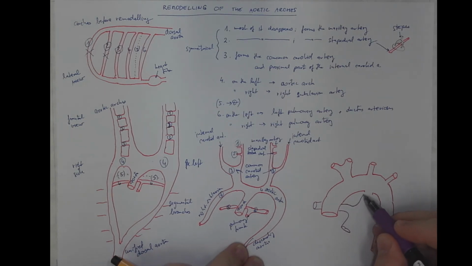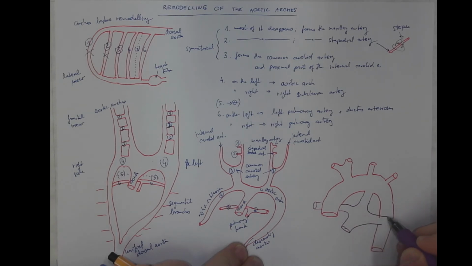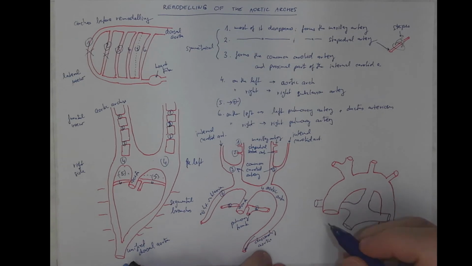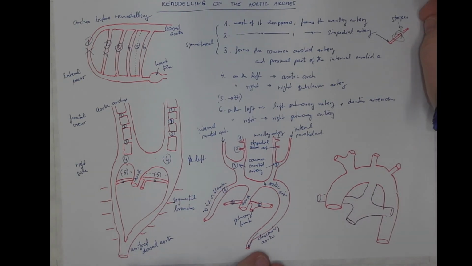Then there is a vascular connection known as the ductus arteriosus, which connects the pulmonary trunk with the aortic arch. And then we got the left pulmonary artery.